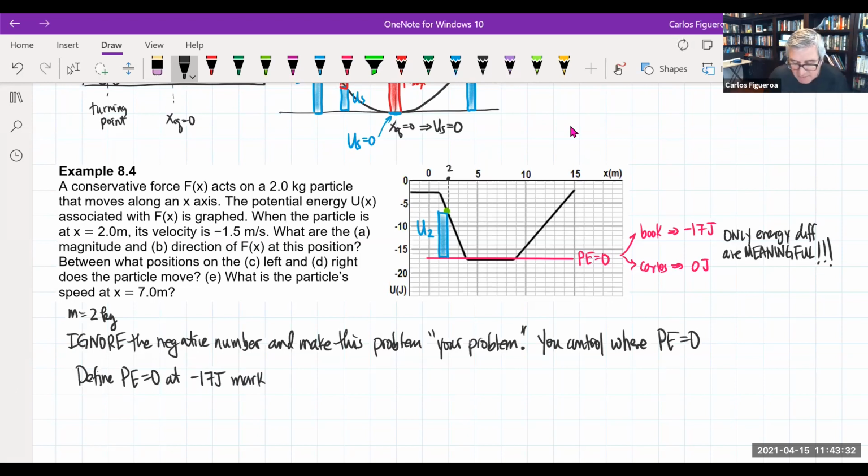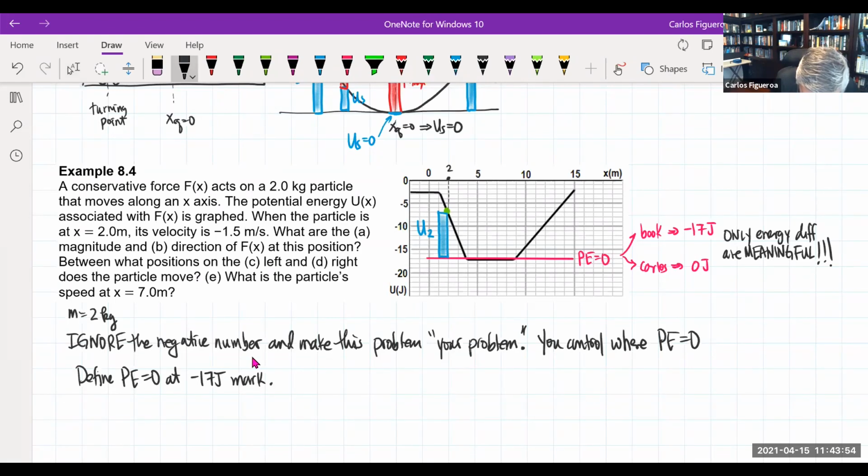That's my zero potential mark. Now look what it says. It has a velocity of 1.5 meters per second, but kinetic energy doesn't know the difference.